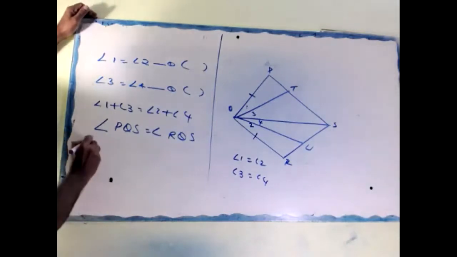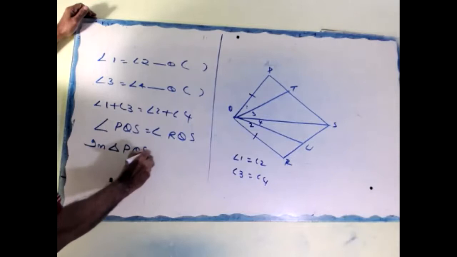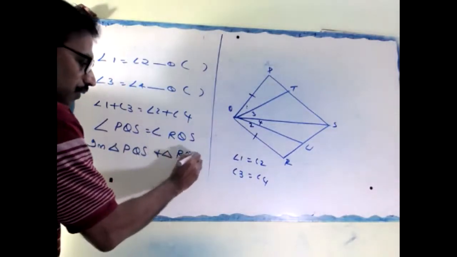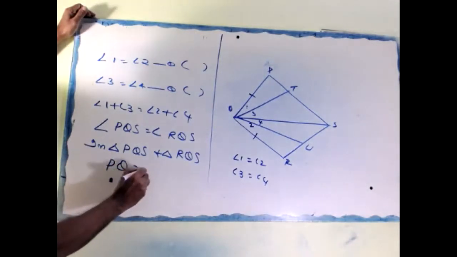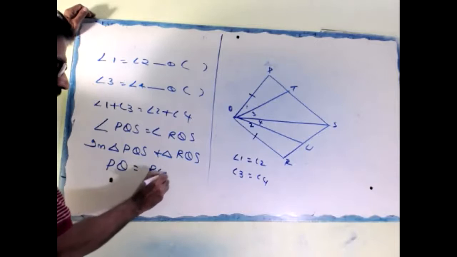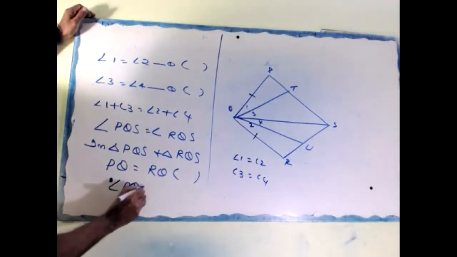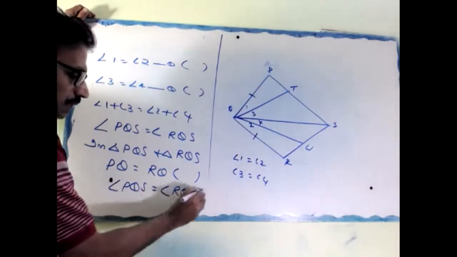After that, in triangle PQS and triangle RQS, PQ equal to RQ, given. Angle PQS equal to angle RQS, proved.